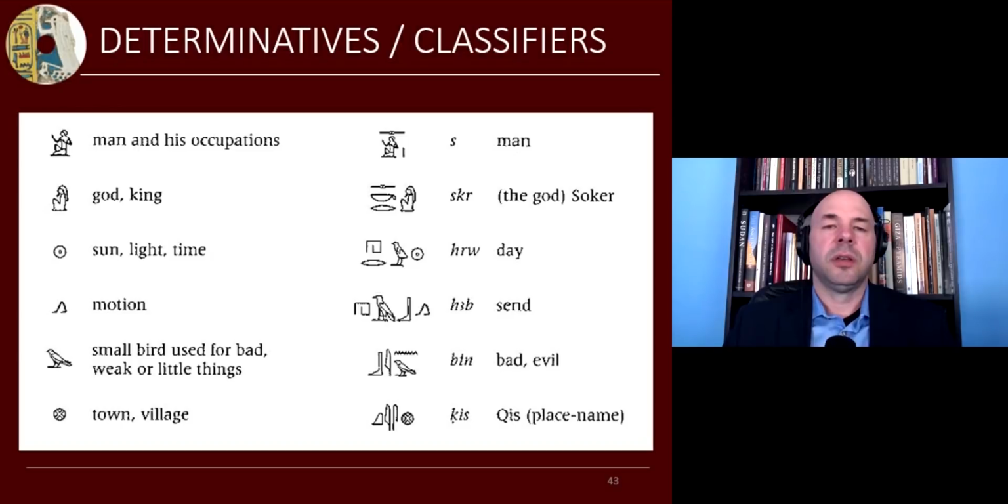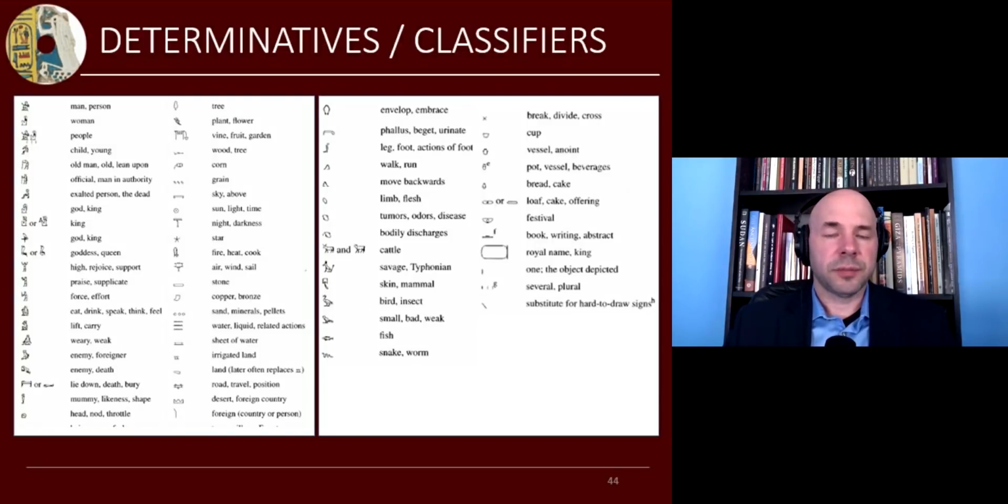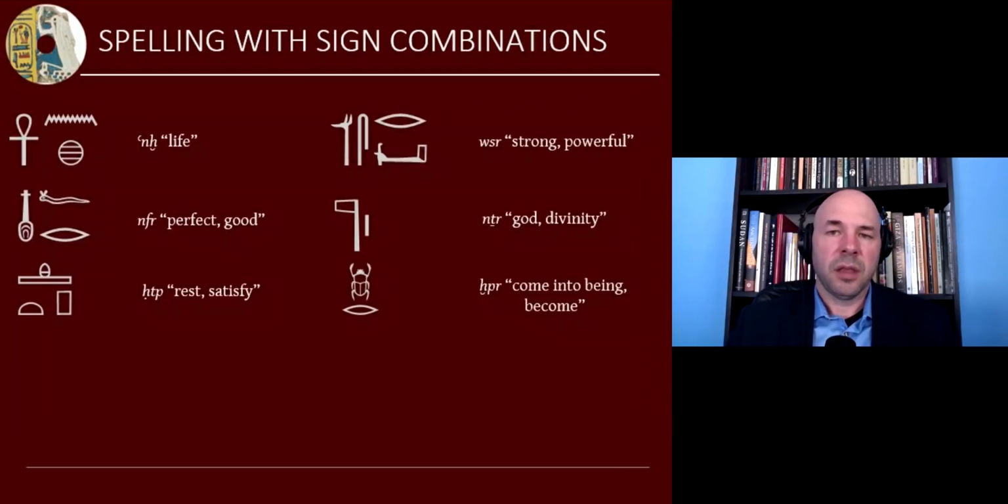So these are how these signs are put together to write Egyptian words, and there's long lists of determinatives and classifiers. This is just a small section of them just to give you some ideas of what you can see, but there's many of these signs in the Egyptian system. Now the Egyptians, when they learned in their scribal schools, when they learned to write, and a good way to do it for us is learning the words as a group.